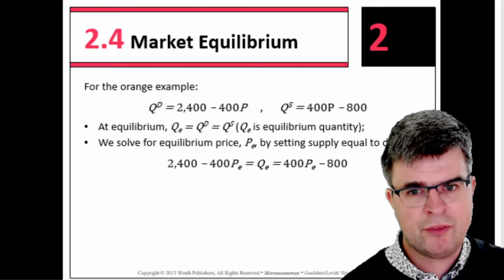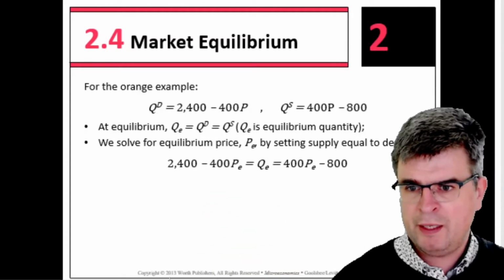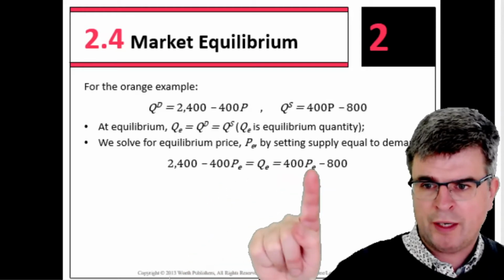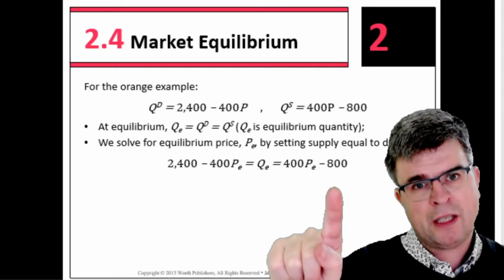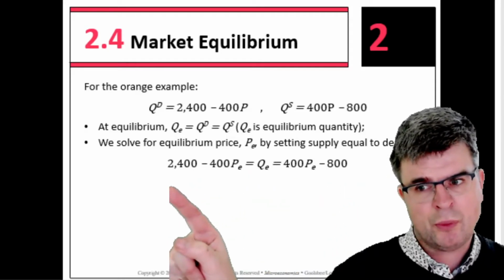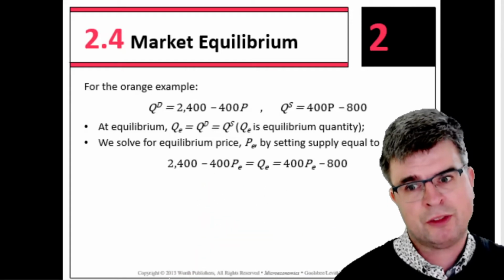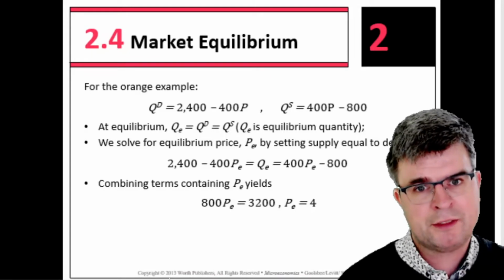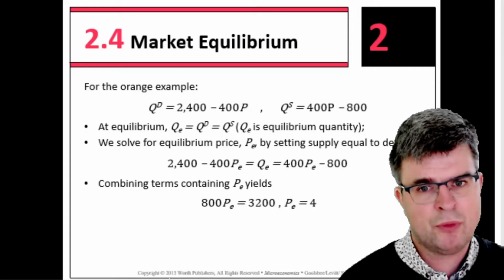So setting the left equation equal to the one at the right and then solving for P, what we can do is we bring the minus 400p to the right hand side, giving us 800p, and similarly we bring the minus 800 at the right hand side to the left, so we get 2400 plus 800 is 3200, and we solve for the price, and if you divide 3200 by 800, then you will find that the equilibrium price in this case is equal to 4.